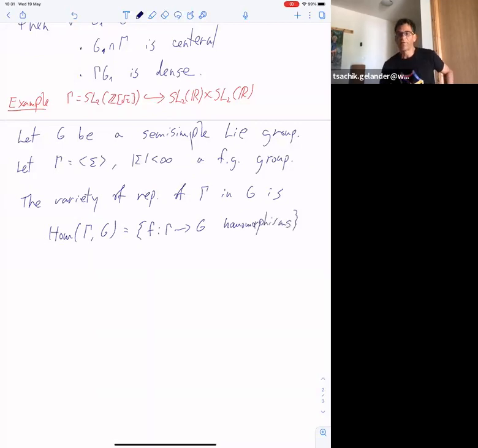Now, if G has some additional structure, then Hom(gamma, G) inherits this structure.